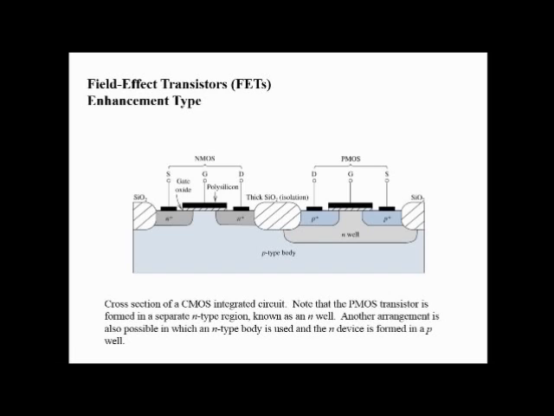Note in this case the PMOS transistor is formed in a separate N-type region known as the N-well, and another arrangement is also possible, where an N-type body is used and the NMOS device is formed in a P-well. So either of these two methods can be used, but as it is a complementary MOS, it is made of two types, NMOS and PMOS, separated by a thick silicon dioxide isolation.